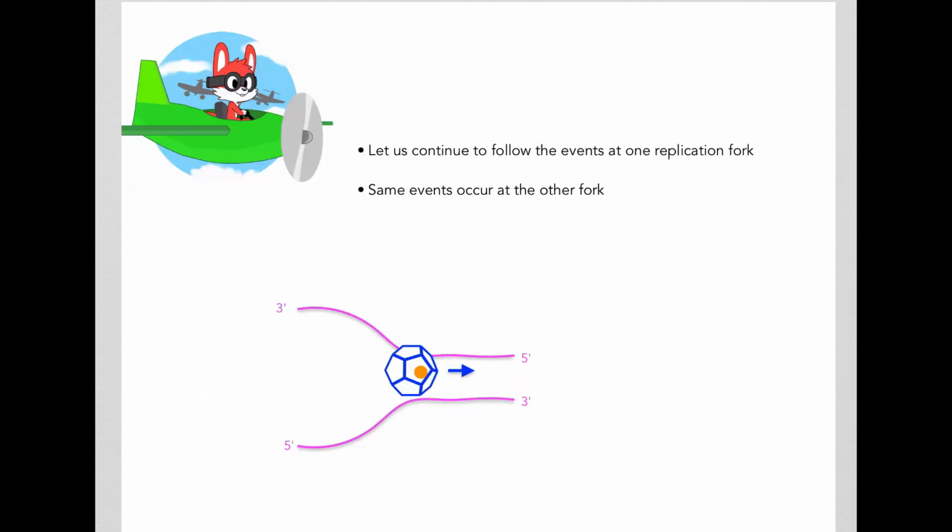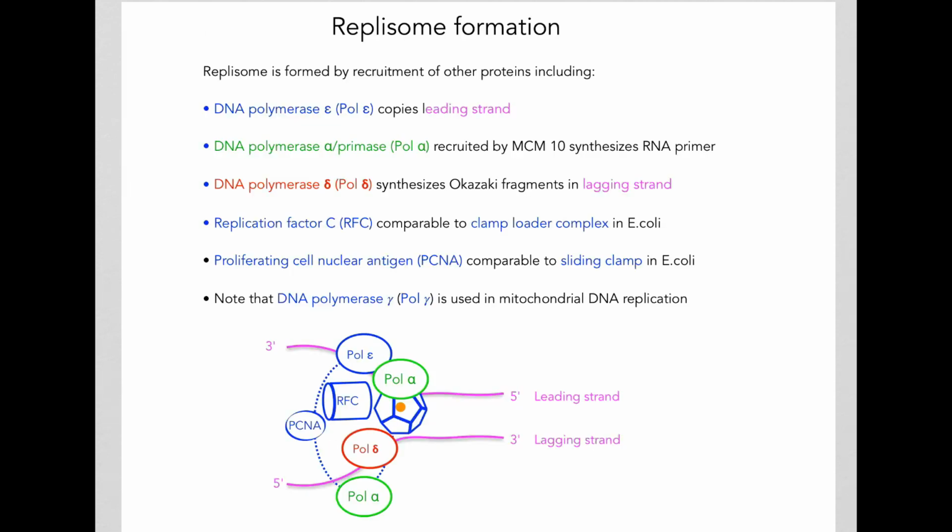Let's follow the events that happen at one replication fork. Clearly, the same events happen at the other replication forks. In the next step, recruitment of several other proteins will form the replisome. So examples of these proteins are DNA polymerase epsilon, Pol E, or Pol epsilon.